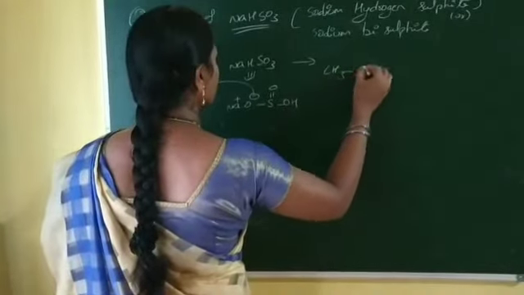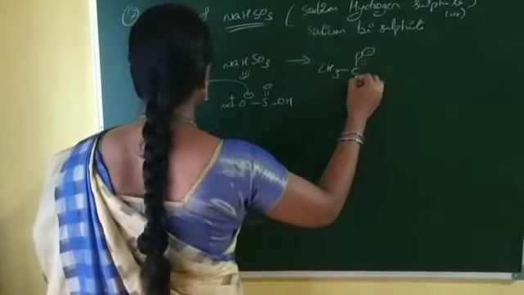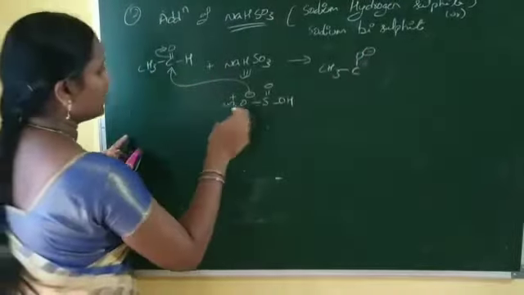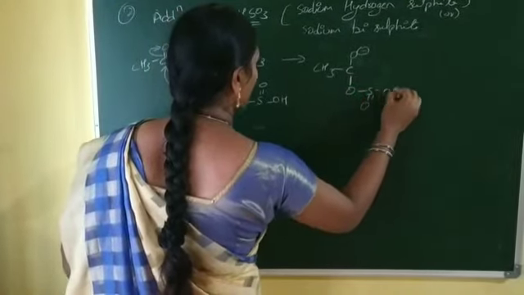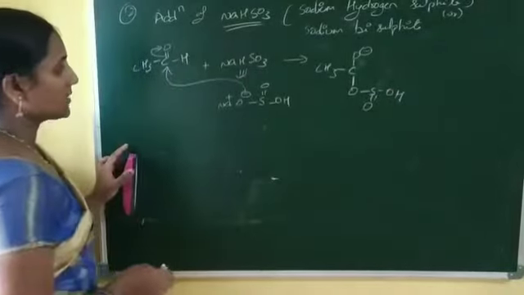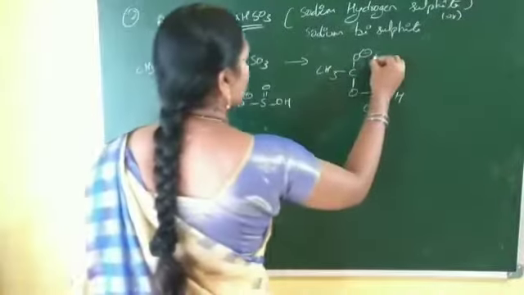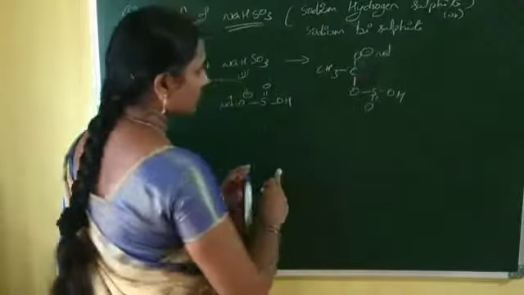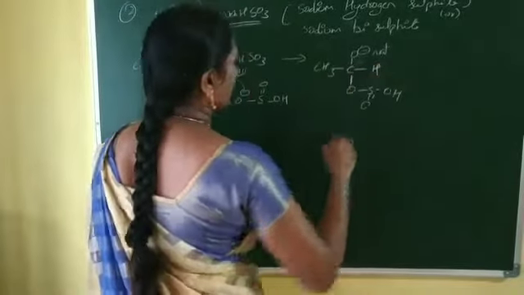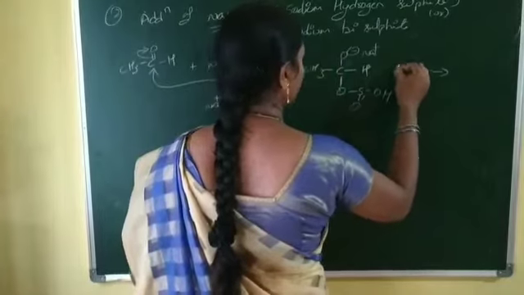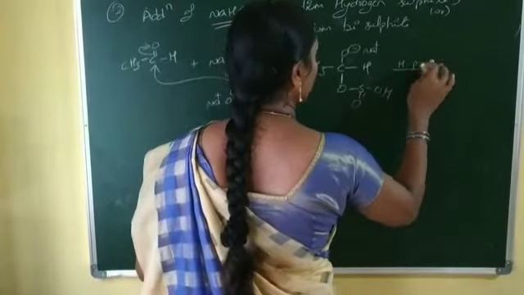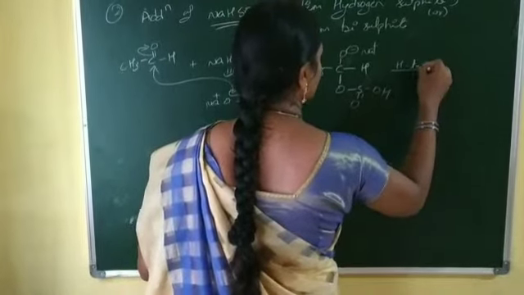That means CH3, C, O minus, and the new bond is formed between carbon and sulfur, S double bond O, OH. Now this oxyanion is partially bonded with sodium plus. In the further step, hydrogen transfer is involved. That means proton transfer.